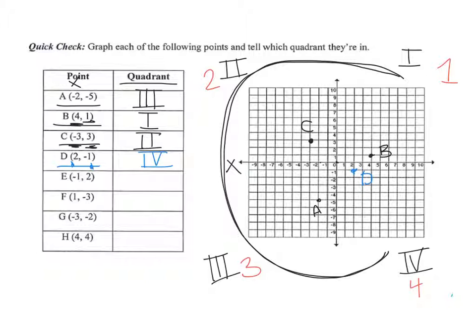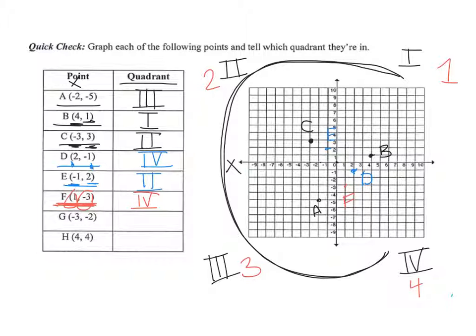E is -1, 2. So I go left 1, up 2, and call that E. It's in quadrant 2. F is right 1, because it's positive, down 3, and write F. It's in quadrant 4 as well.